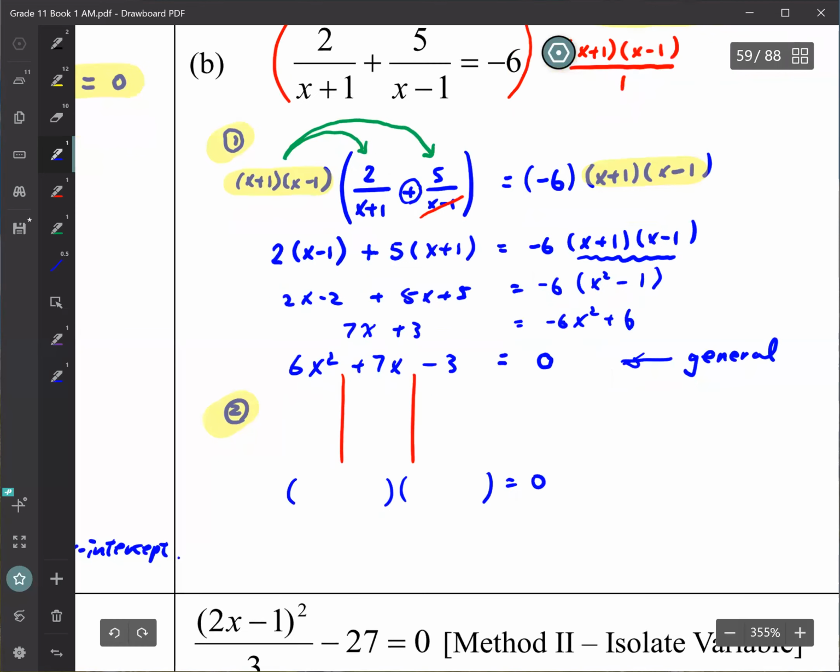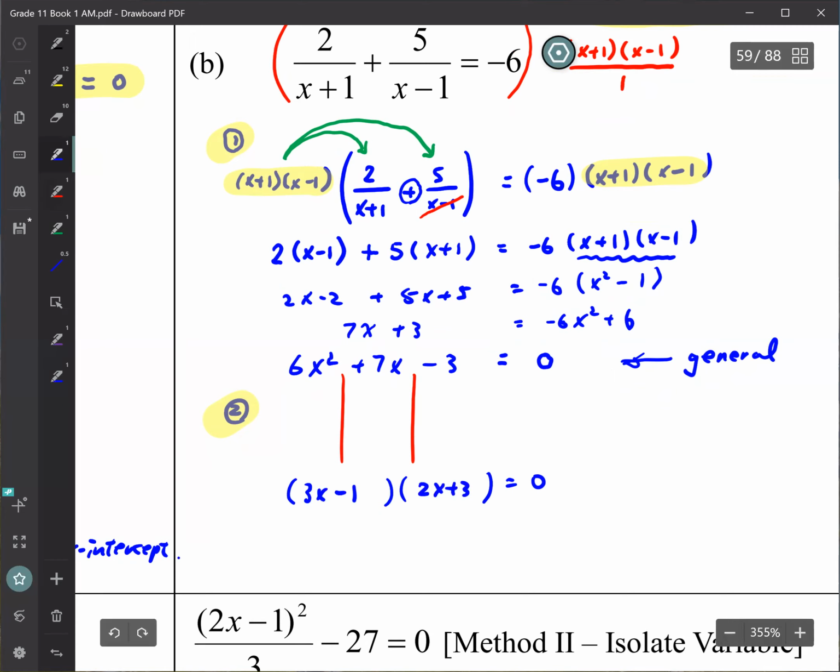What multiplies to equal 6x squared? 3x subtract 1. Oh, you mean in the first bracket? Yeah. Okay, 3x subtract 1, and the second one? 2x plus 3. 2x plus 3, okay?